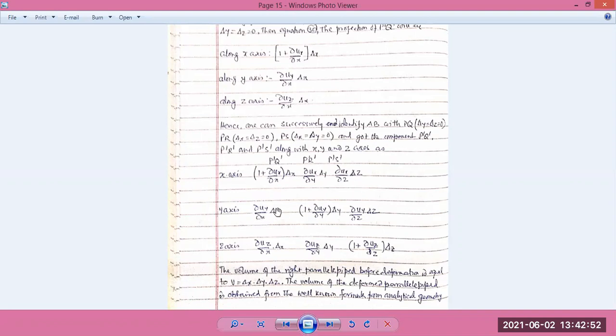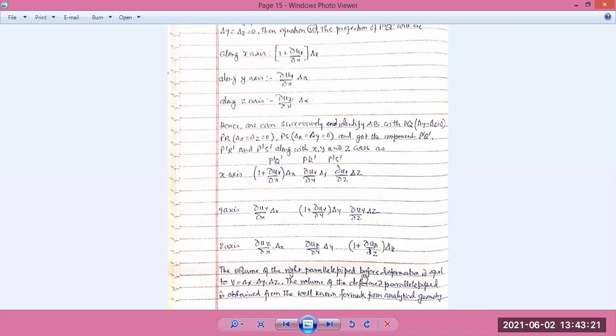Similarly, delta uy by delta x into delta x, 1 plus delta uy by delta y into delta y, and delta uy by delta z into delta z. Similarly for z: delta uz by delta x into delta x, delta uz by delta y into delta y, and 1 plus delta uz by delta z into delta z. So we have a matrix, the deformation matrix.